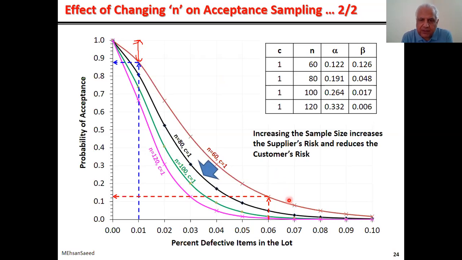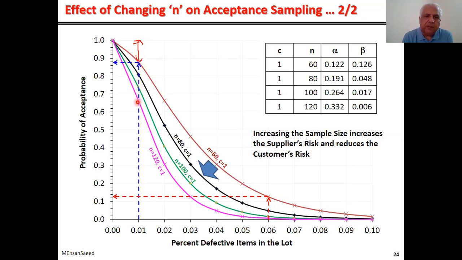Let's look at beta risk. It was initially this, and with increase in sample size, it reduced to this, then this, and with purple, it almost became 0. Look at alpha risk. It was initially this risk. With black, it increased to this much. With green, which is n is equal to 100, it increased to this much.